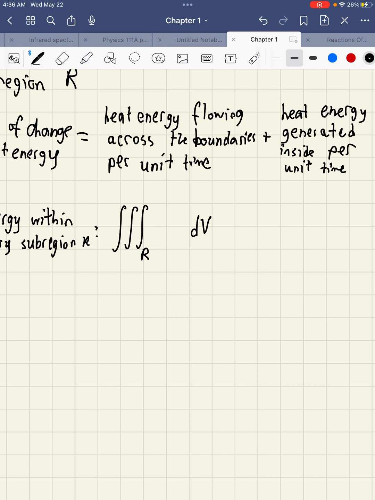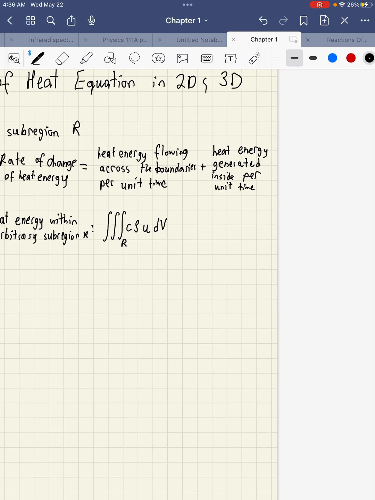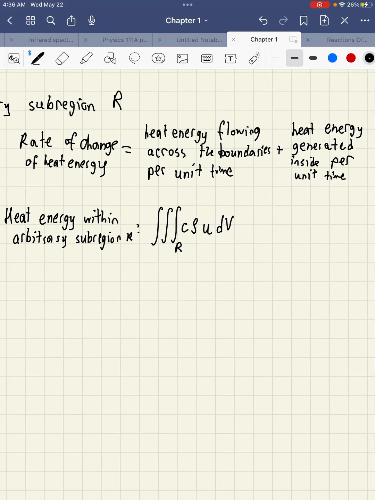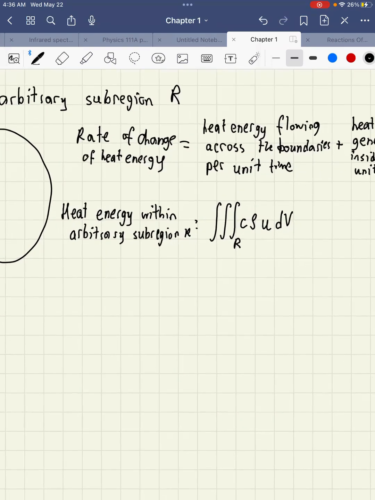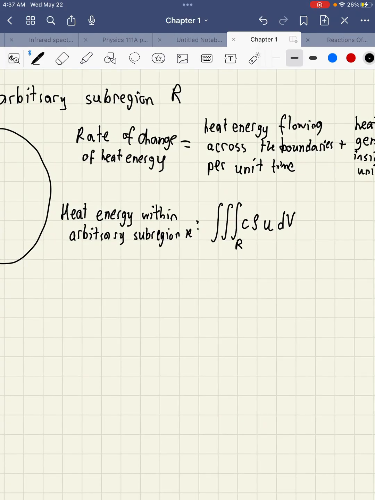If you remember from the previous lectures, our energy density was just the heat capacity times the mass density times the temperature. That was from the previous lectures for the derivations.